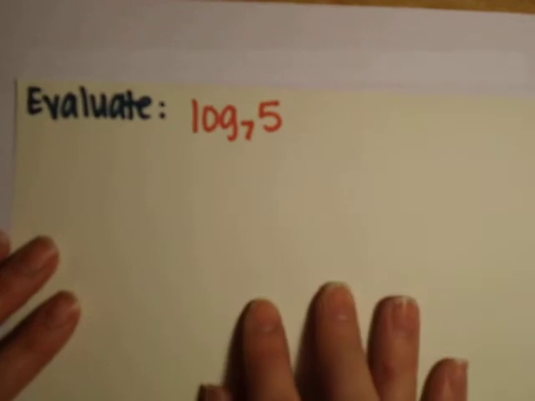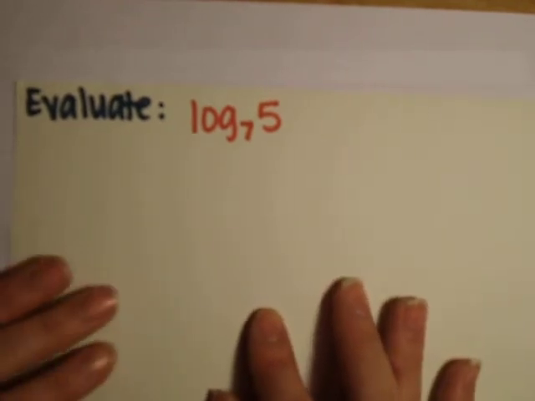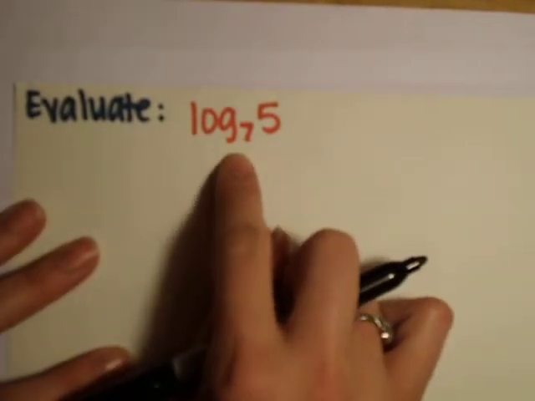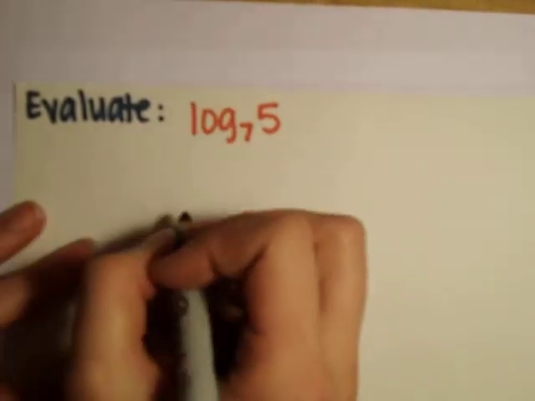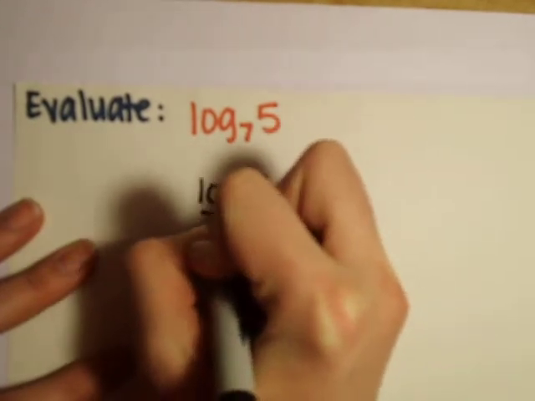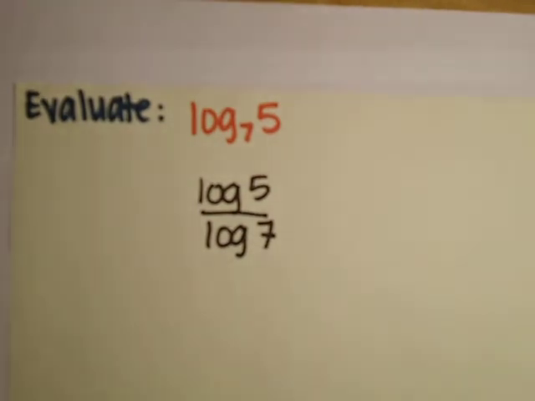Let's evaluate log base 7 of 5 using our calculator. To do this, we're going to have to use the change of base formula. So we have log base b of a, and we know that's going to equal log of a over log of b. So we'll end up with the log of 5 over the log of 7. And this we can put into our calculator.